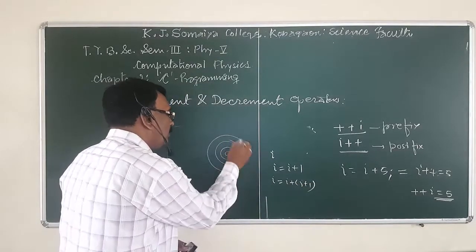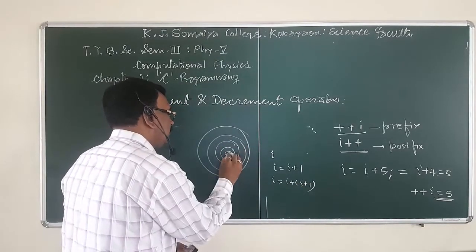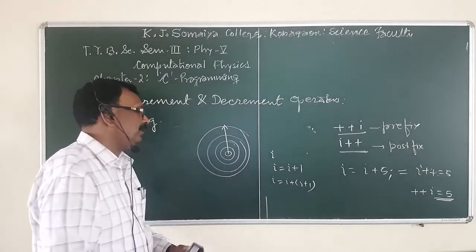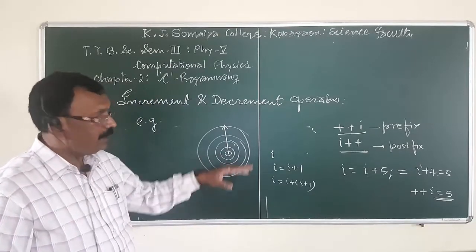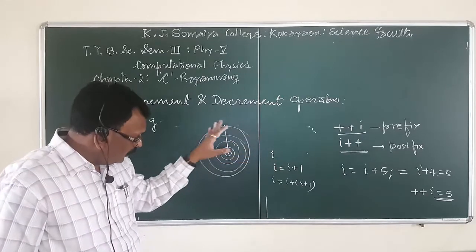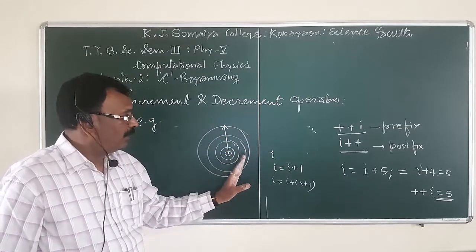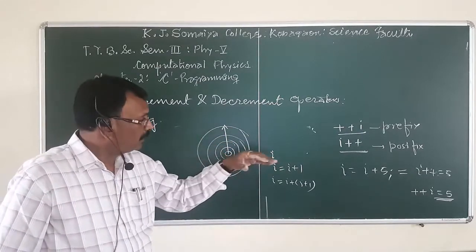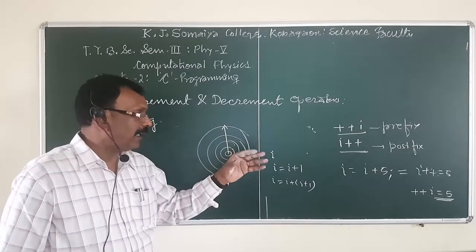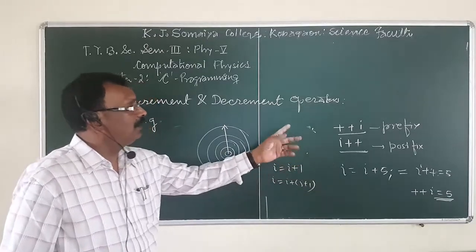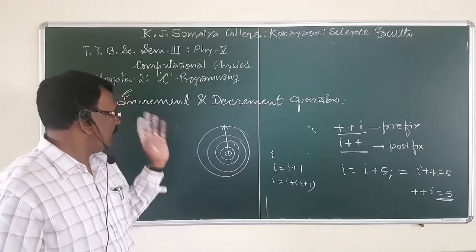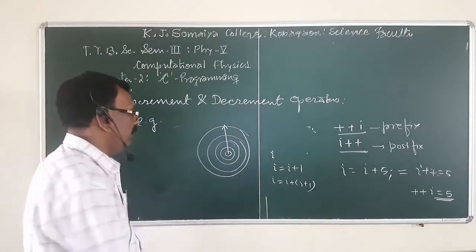That means we draw a number of circles and the radius of the circle goes on increasing by 1 in a repetitive manner. Now for such a program, instead of writing the instruction again and again, we can use the prefix or postfix notation in the increment and decrement operators.